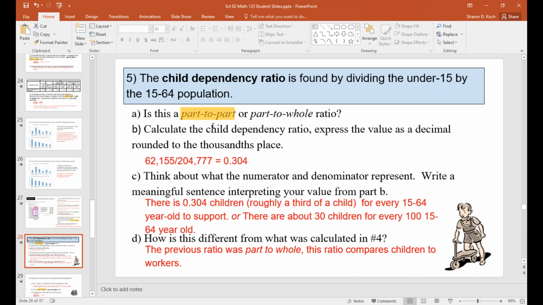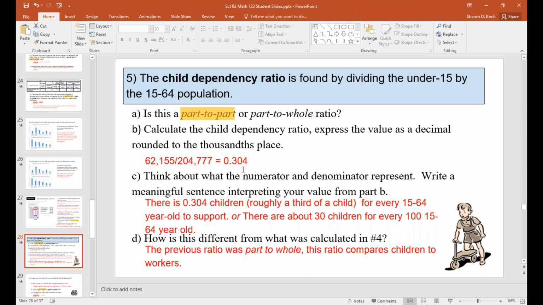That is considered a part-to-part ratio because we're comparing two separate parts of that entire population, the children to the workers. Okay, and you can see we get 0.304. In other words, this means approximately 0.3 children per one worker.